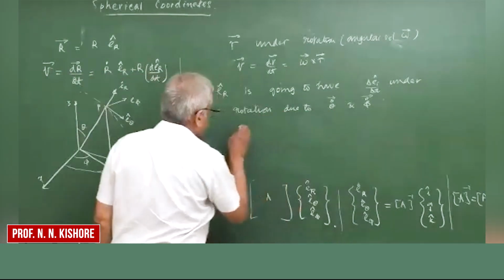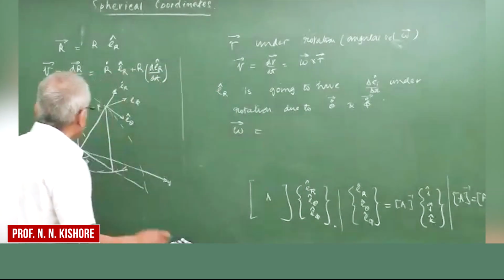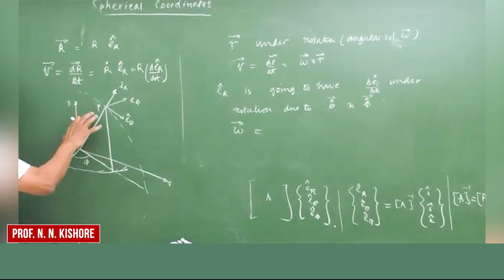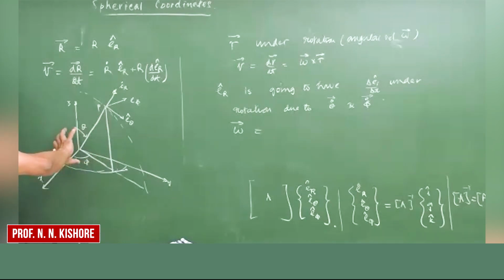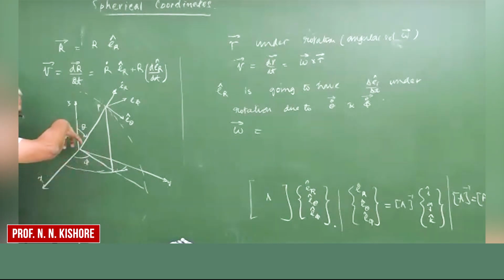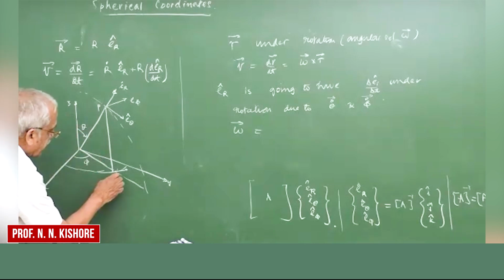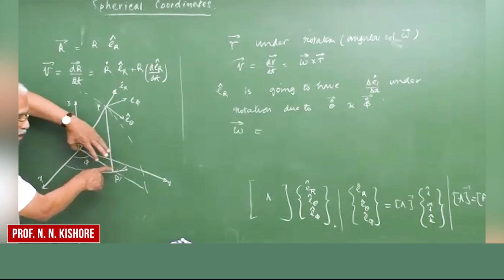So together we can represent both of them. If you have a theta here, and you imagine that theta is going to increase, let us see first maybe the simpler one, phi. If phi is going to increase, then the point P prime is going to move along the horizontal plane.